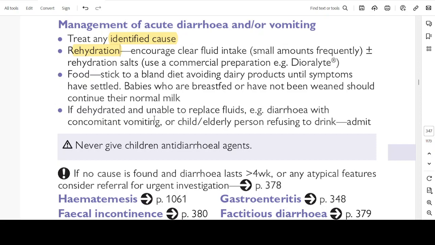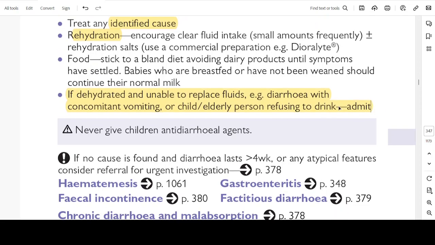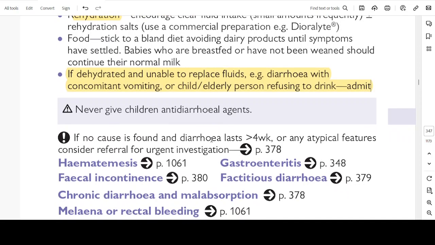If dehydrated and unable to replace fluids, diarrhea with concomitant vomiting, or a child or elderly person refusing to drink, admit them. So if dehydrated and unable to replenish the fluids, then admit them. Never give children antidiarrheal agents.